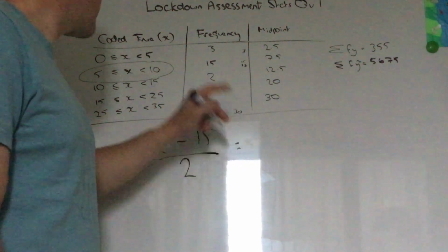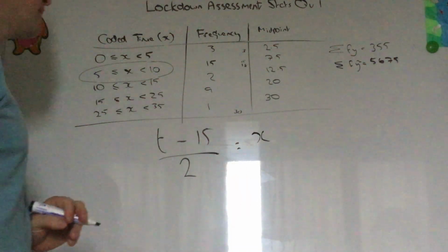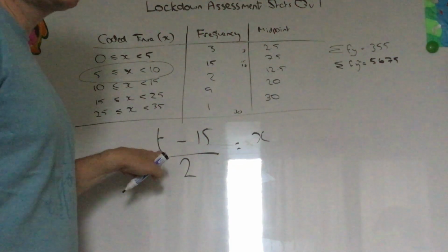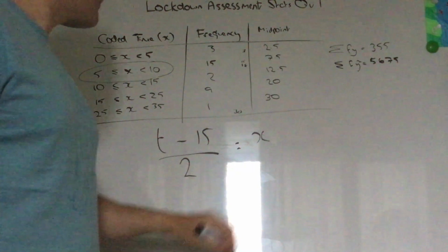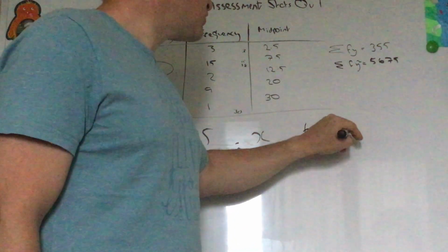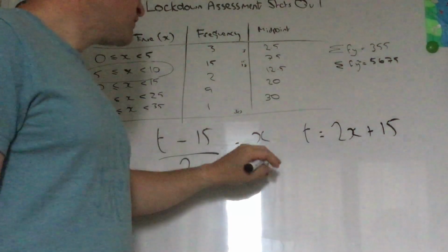And we got the coded times X from there. Okay. And then it wants us to work out the median and the standard deviation of the original times T. So we need to rearrange this, so times by 2 add 15, so we get t equals 2x plus 15.